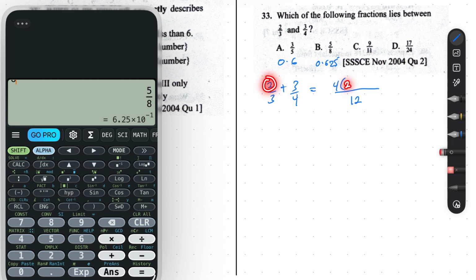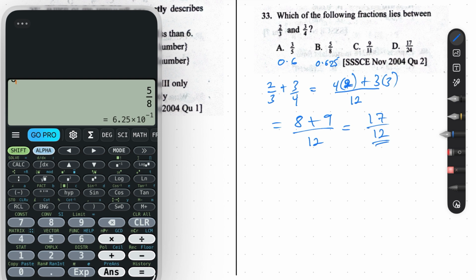Plus, 4 into 12, 3, so 3 times 3. What do we have? 4 times 2, 8, plus 3 times 3, 9, over 12. So we have 17 over 12.